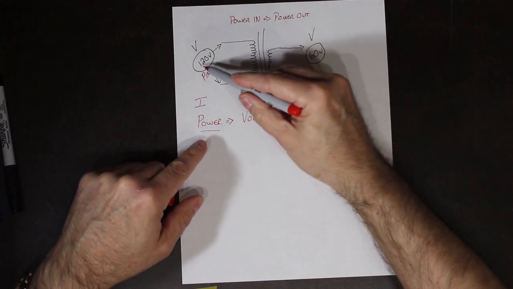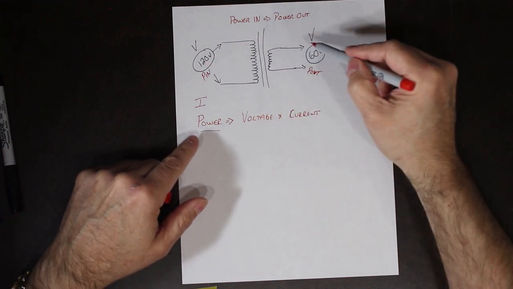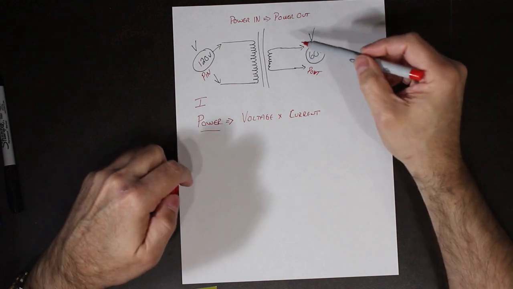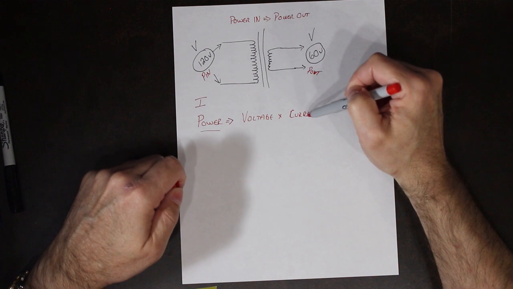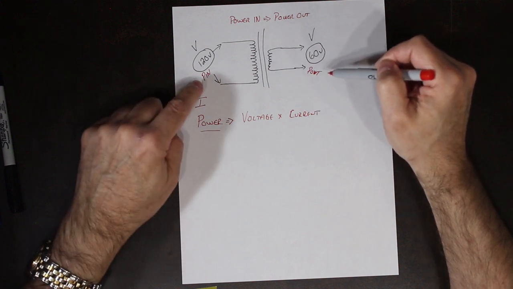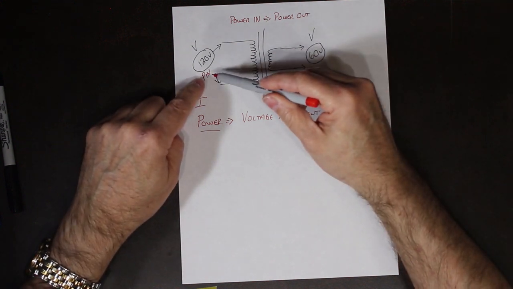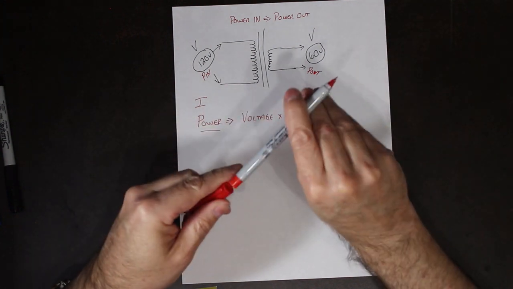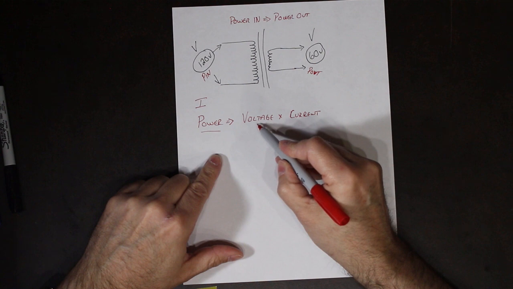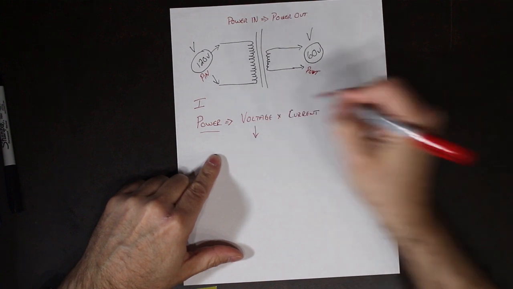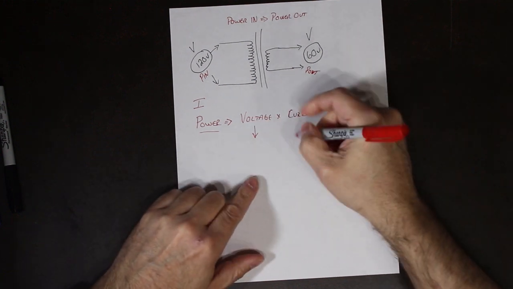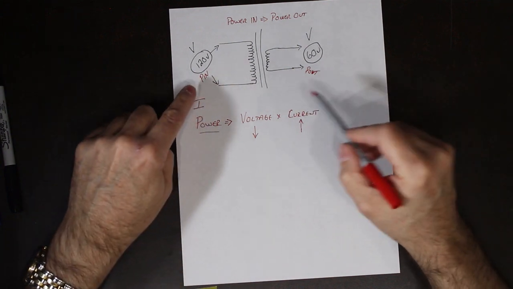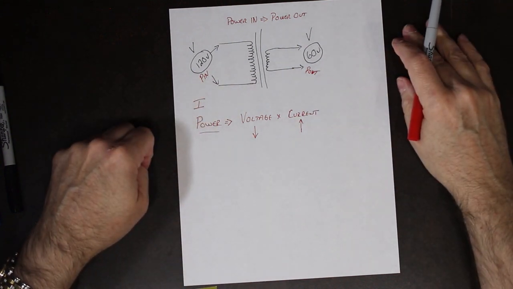So if the voltage drops, what do you think must happen to the current in order to keep the power in equal to the power out? If the voltage goes down, the current must go up in order to keep the power equal on both sides.